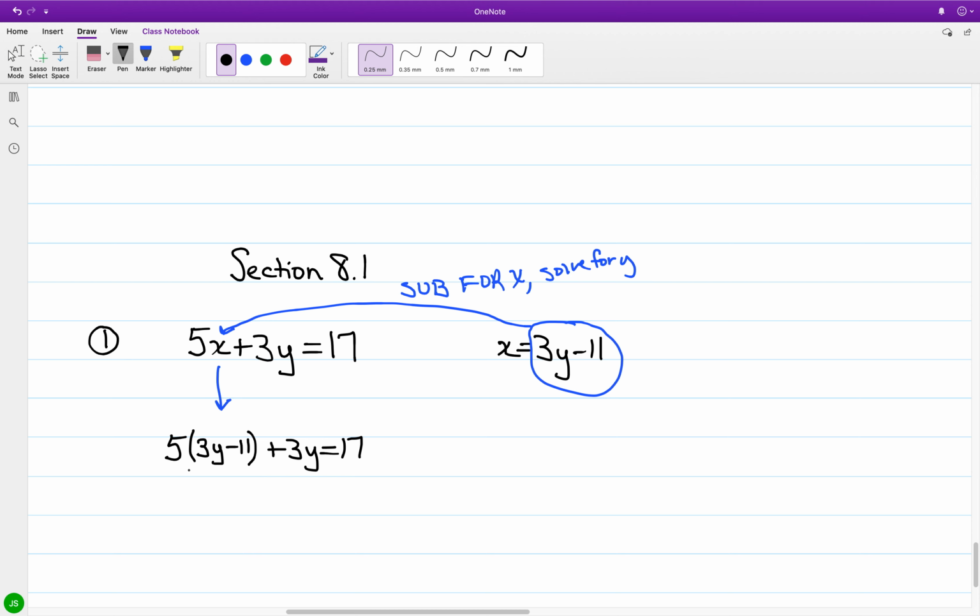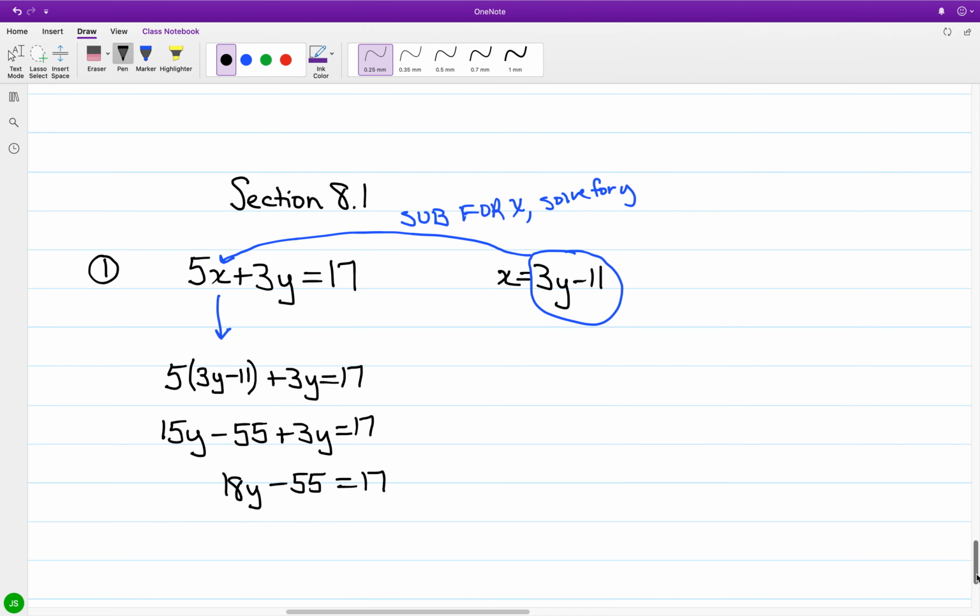And we have with the distribution 5 over the quantity of 3y minus 11. This would be 15y minus 55 plus 3y is equal to 17. Combining the y terms, 15y plus 3y will make 18y, minus 55 is equal to 17.